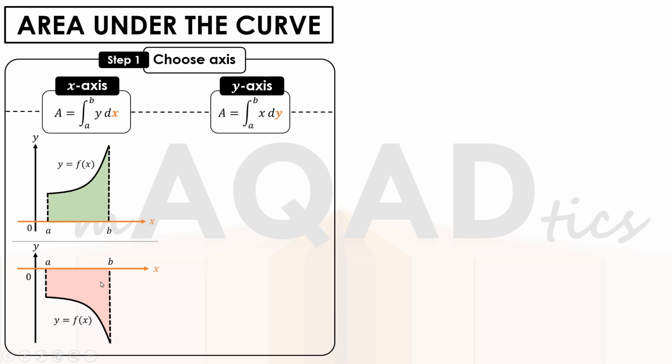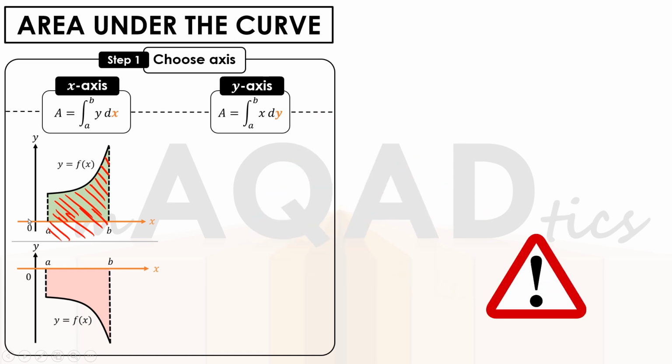Okay, so here we have two diagrams. So the first one here, we have this curve, and then the area under the curve would be here, right? Okay, so why x-axis? Let's imagine the x-axis is not here. So our area under the curve, we can go beyond, right?